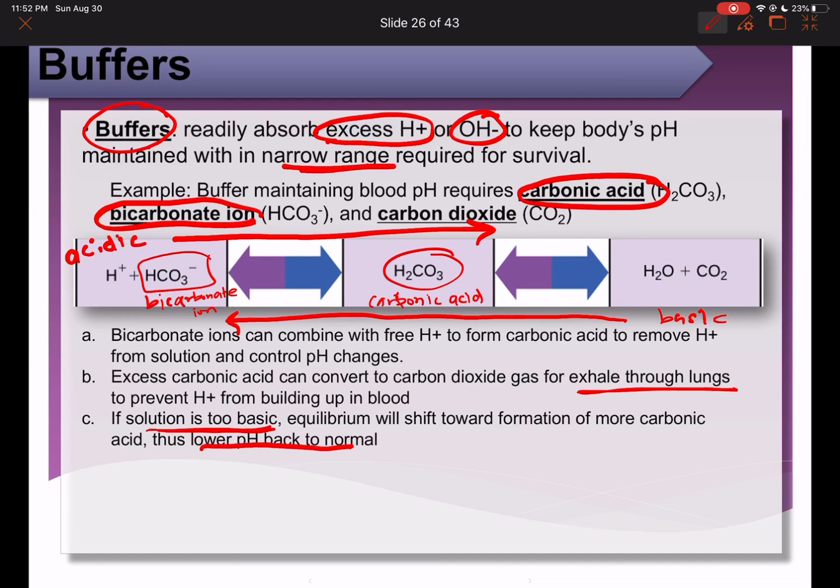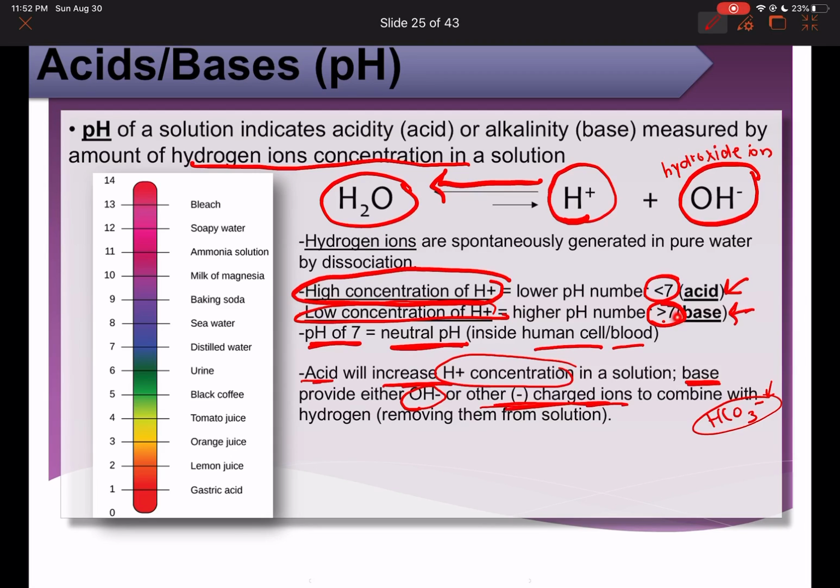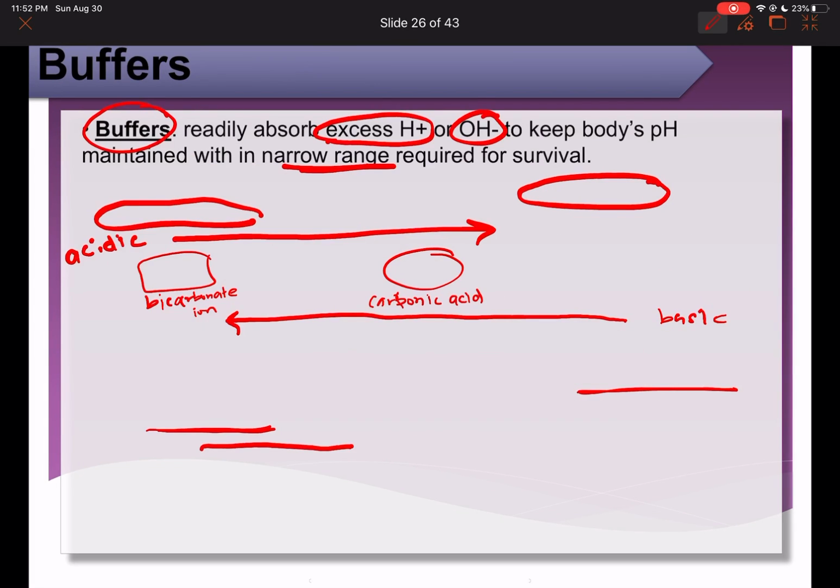So make sure you're very clear on these pH numbers and whether it's acidic or basic when we talk about the numerical value of pH. Don't mistake a lower pH value as more basic, or a higher pH value as more acidic. It's the opposite: a higher value means more basic, and a lower pH value means more acidic.